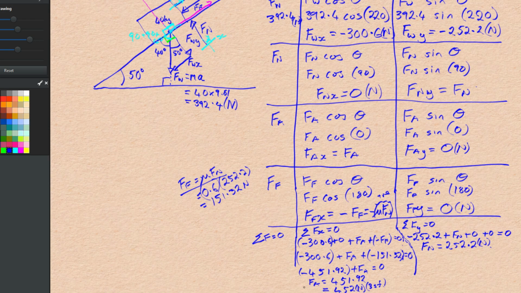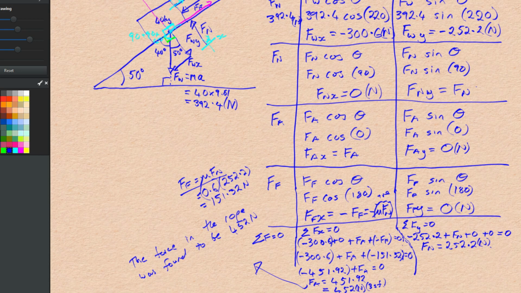So the applied force, the force in the rope, because this just says Fa, at no point have I said Fa is the force in the rope, so I have to put a little sentence over here saying the force in the rope. I should have said up the top, let the force in the rope be represented by Fa. Force in the rope was found to be 452 newtons.